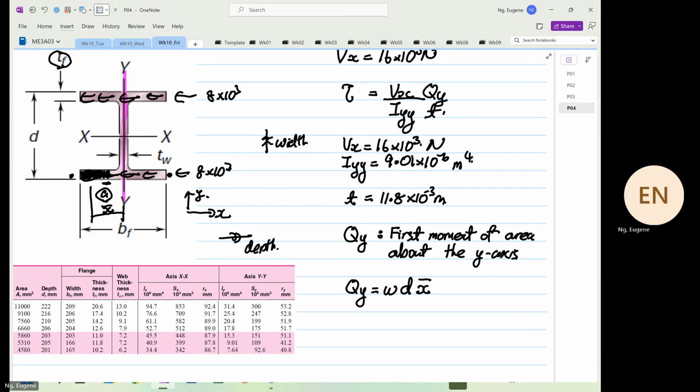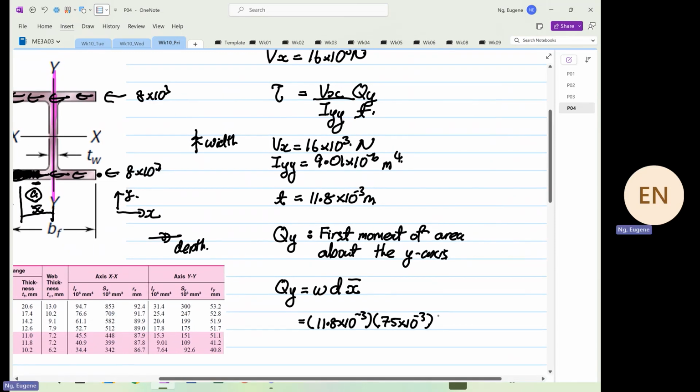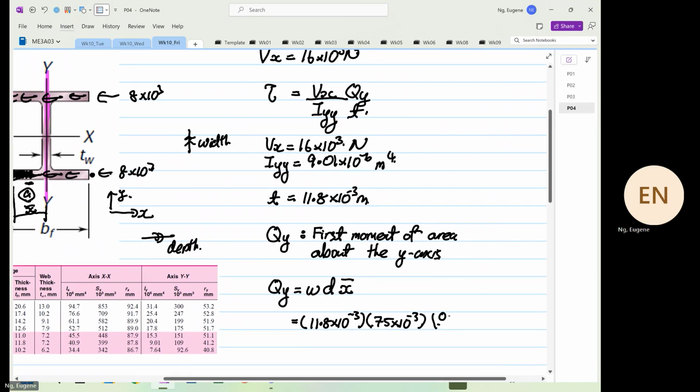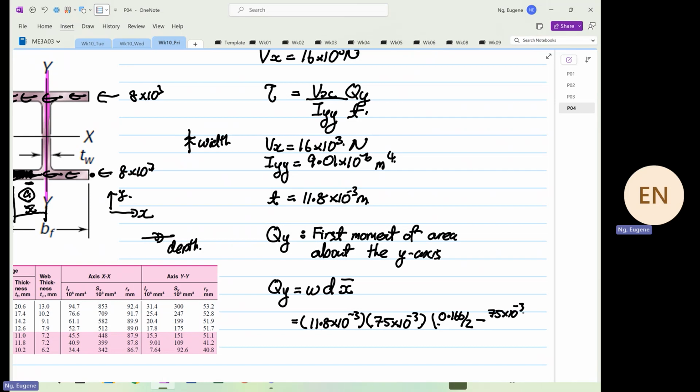So the width is my TF, so TF is equal to 11.8 times 10 to the power minus 3. The depth is given as 75 millimeters, so the depth is 75 times 10 to the power minus 3. The X bar is now your BF divided by 2, 0.166 divided by 2, minus 75 times 10 to the power minus 3 divided by 2.